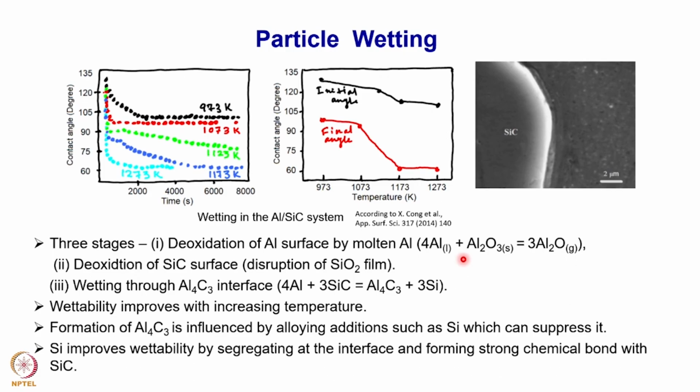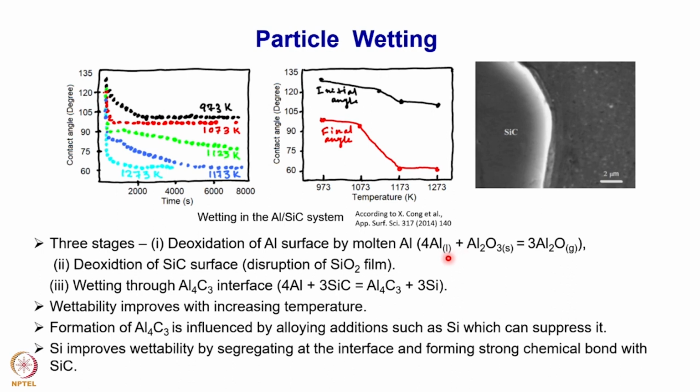Okay, so in order to have a good bonding or good wetting, this oxide layer has to be broken. Okay, so that is the first step, the deoxidation of the aluminium surface or removal of the oxide layer, so that a fresh aluminium surface can be presented to the reinforcement for the bonding to happen.